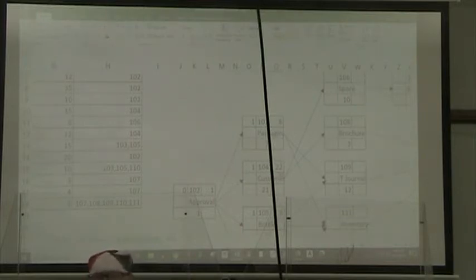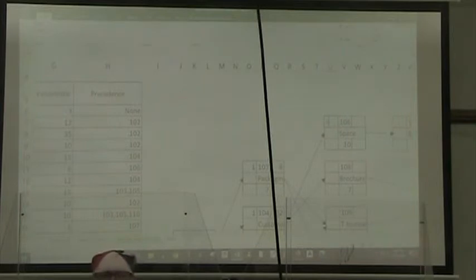And as a burst activity, the early finish time is the time that immediately goes into the early start time for 106, getting a space at the trade show, and our early start time for, oops, that was the wrong one, and our early start for designing our brochure.